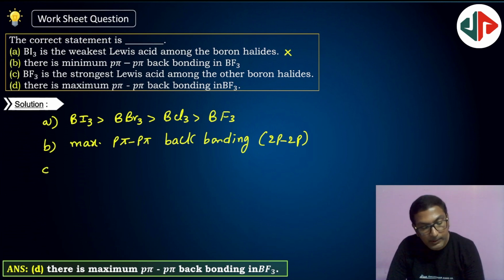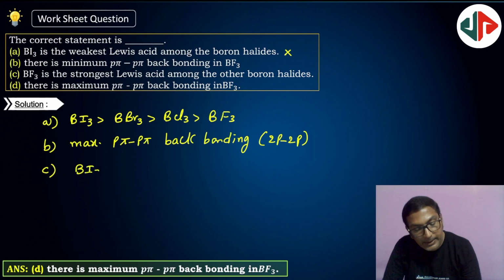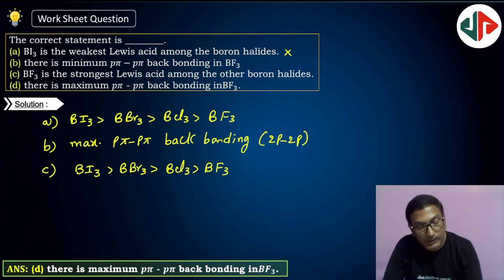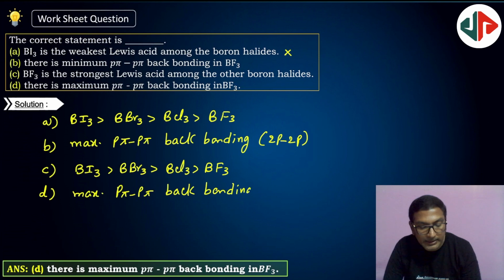Next, C: BF3 is the strongest Lewis acid among boron halides. BI3 is highest, same explanation: BBr3, BCl3, BF3. BI3 is the strongest Lewis acid. And D: there is maximum p-pi back bonding in BF3. So these are the reasons.